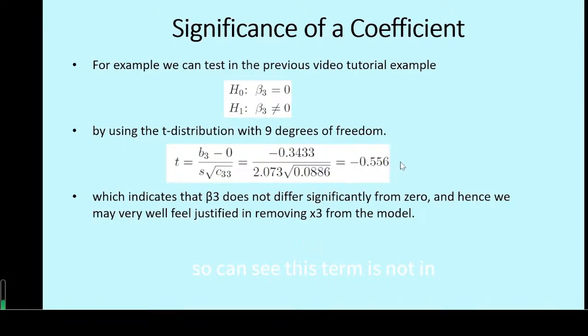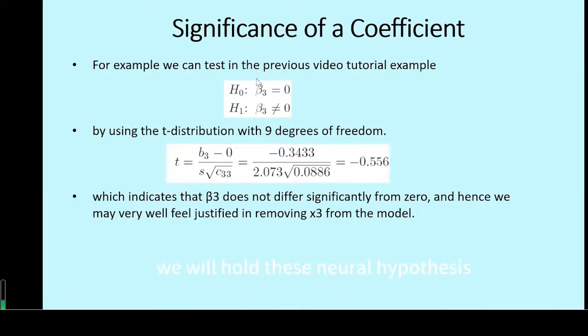You can see this value is not in the critical region, because the critical region is less than minus 2 or larger than 2. This value is between the two critical values, so it is not significant. This indicates beta 3 does not differ significantly from 0.